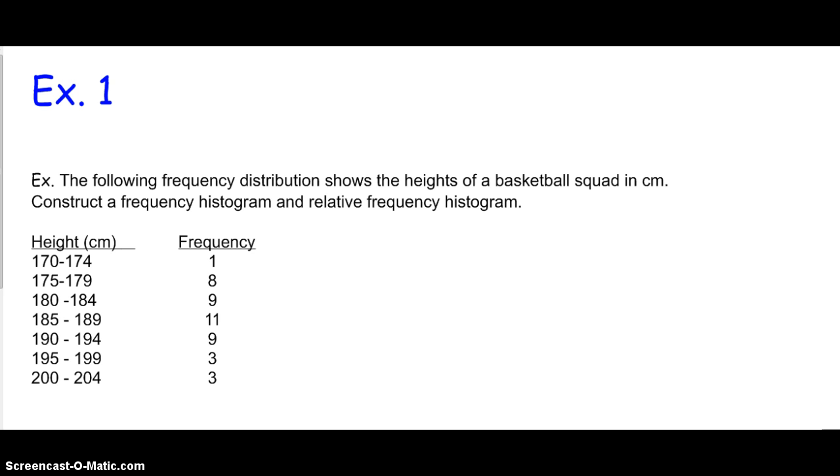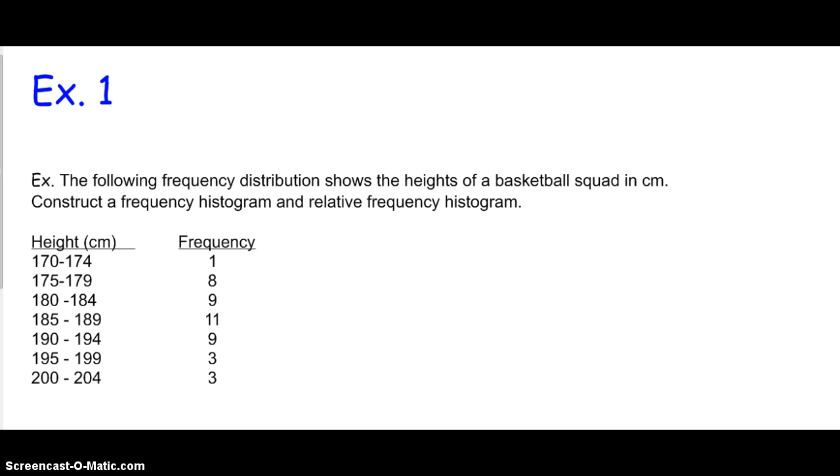First, let's get a handle on what a frequency histogram looks like. We're going to start by constructing a frequency histogram, and then we'll talk about the relative frequency histogram. The data we have is the heights of a basketball squad in centimeters.